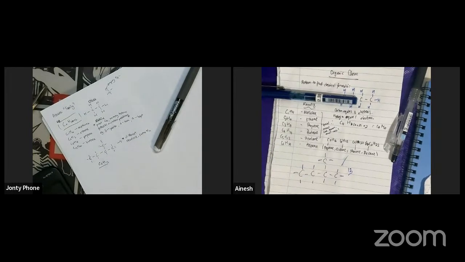So far, so good, Ainesh and Jyoti? I want you to add to your note these 2 things first, yeah? You must explain to yourself how to name things. The isopentane, ignore for now.